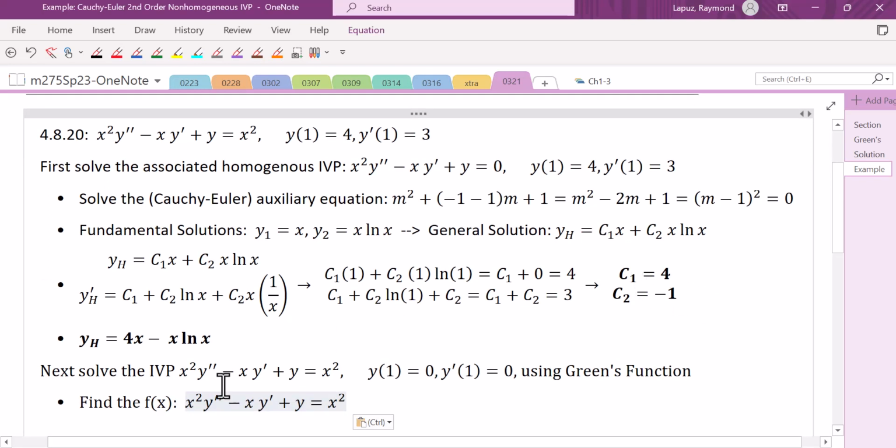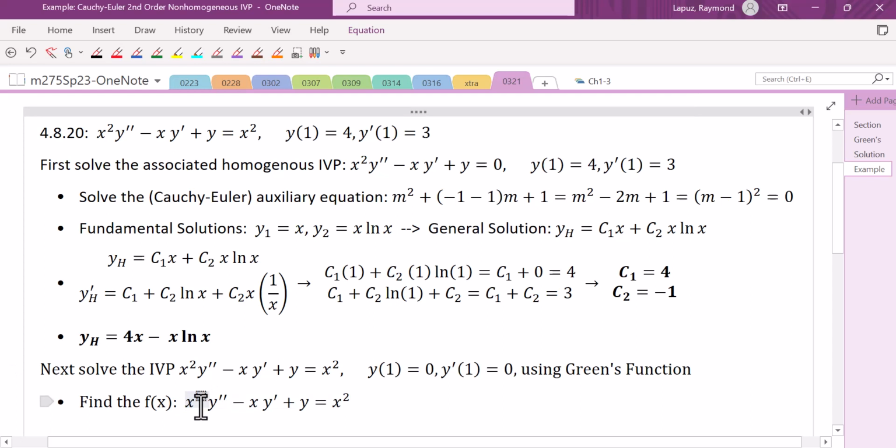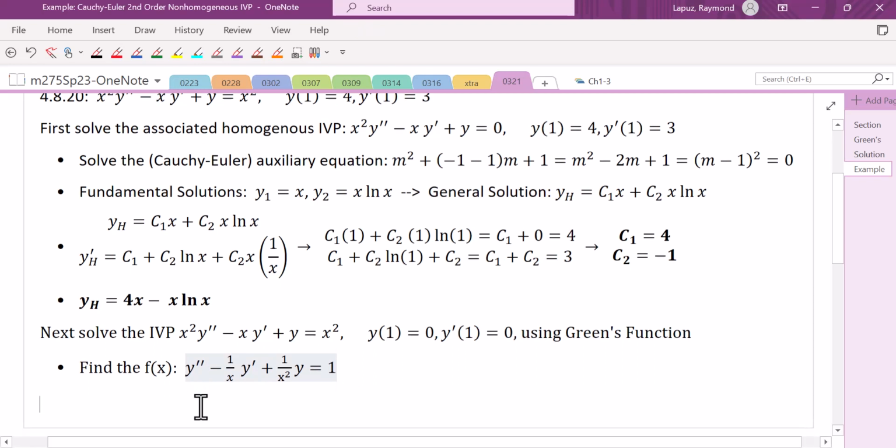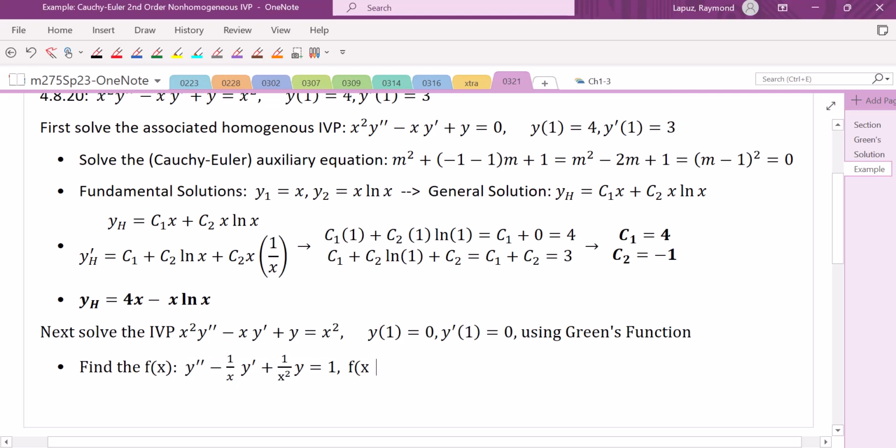So if we take our differential equation and divide out by x squared, I will have for my middle term 1 over x, and then a 1 over x squared. And if I divide this by x squared, this is just going to be 1. So it's important to note here that our function f of x is actually equal to 1.